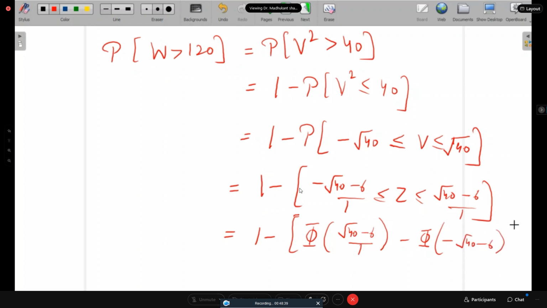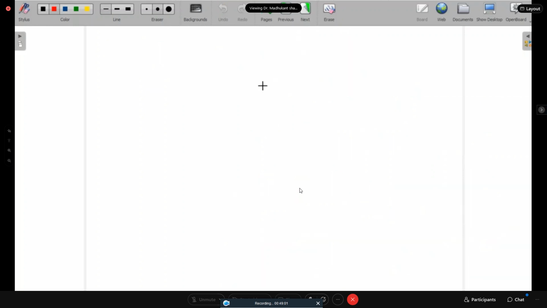The 1 is outside. So this equals 1 minus phi of root 40 minus 6, minus minus, plus phi of minus root 40 minus 6.